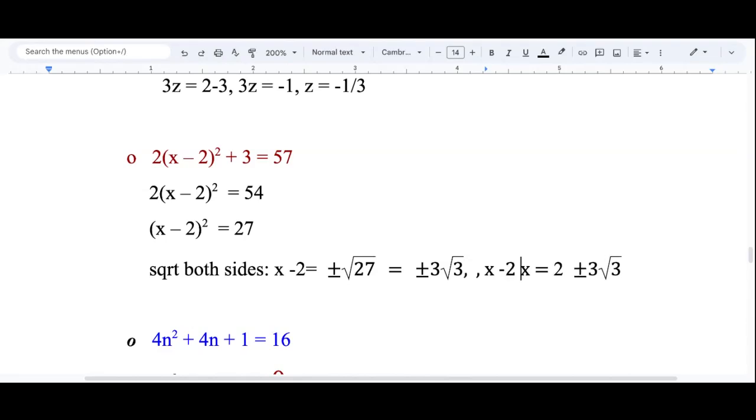So x minus 2 equals plus minus 3 radical 3. Right? Then we add 2 on both sides. So x equals 2 plus minus 3 radical 3. Anyone has any questions?